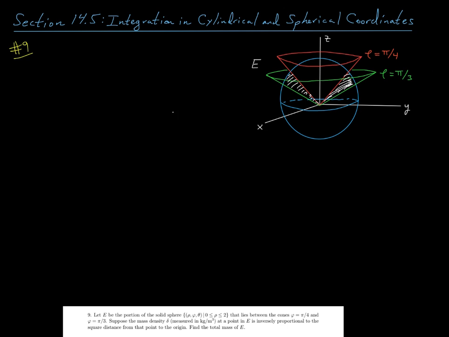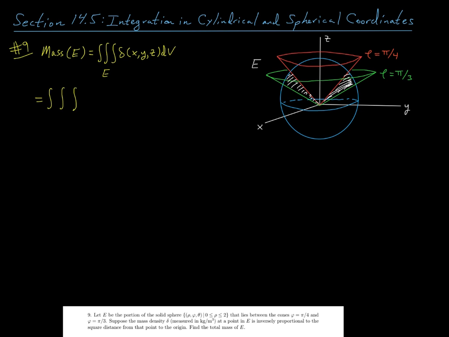Okay, cool. So now for the mass of our solid, this is going to be the triple integral of our mass density function delta over our region E. Okay, so the things to sort out here are, one, what are the bounds, so we can set this up as an iterated integral in spherical coordinates, and the other thing to sort out is the density function delta.